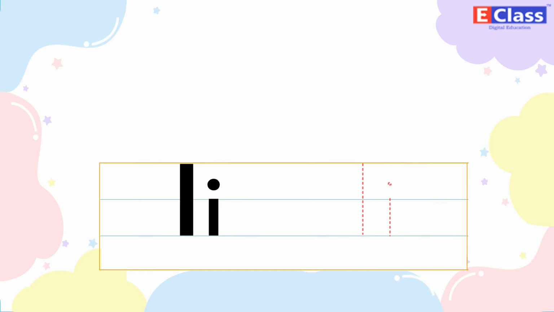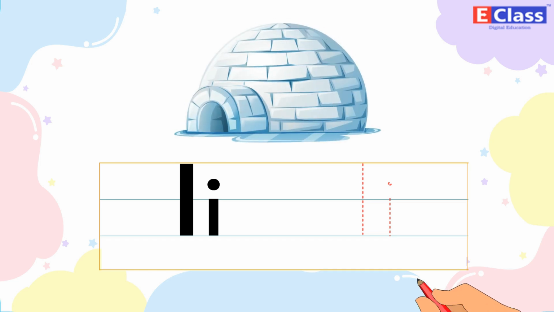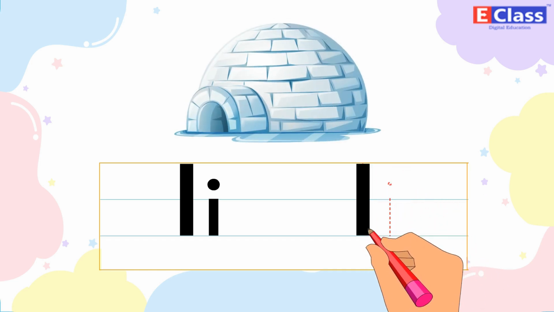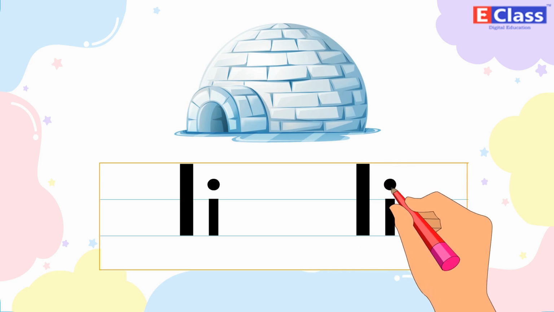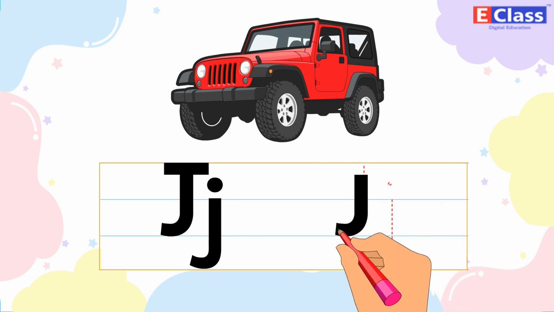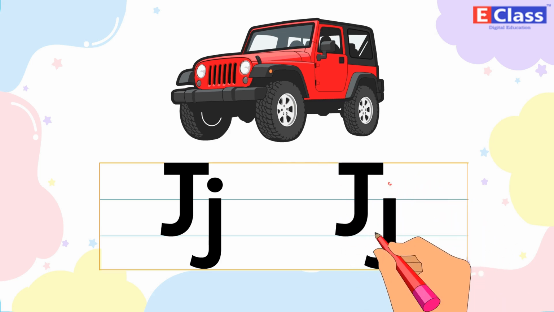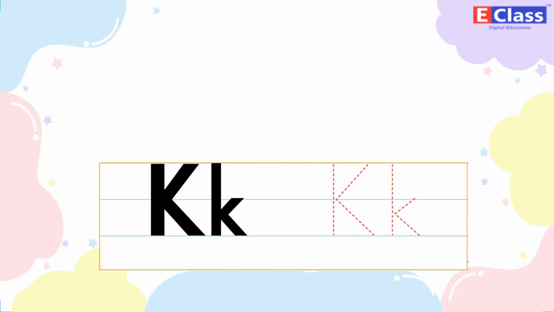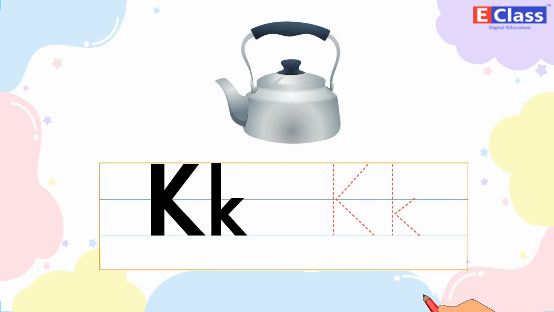I for igloo. Capital I, small i. J for jeep. Capital J, small j. K for kettle. Trace away.